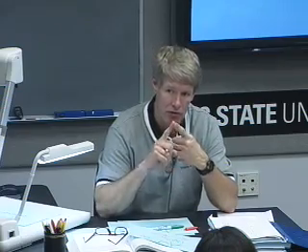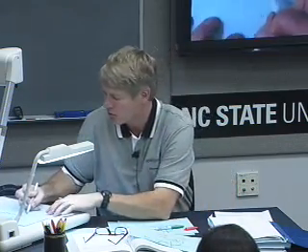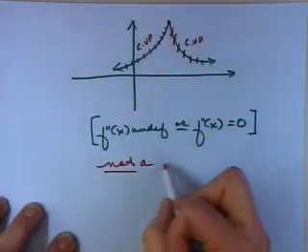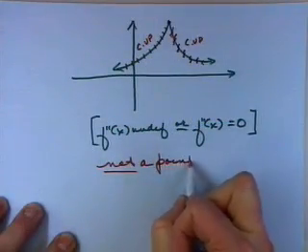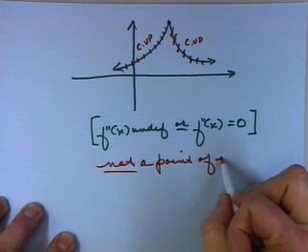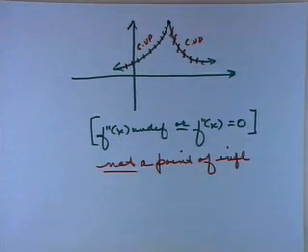Because the second derivative is 0, or the second derivative is undefined. Unless it changes concavity there, it is not a point of inflection. So for this, on this picture, we don't have a point of inflection because it did not change concavity.